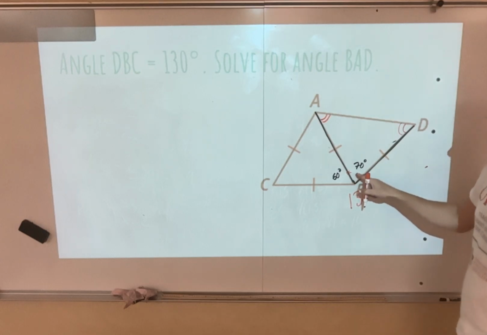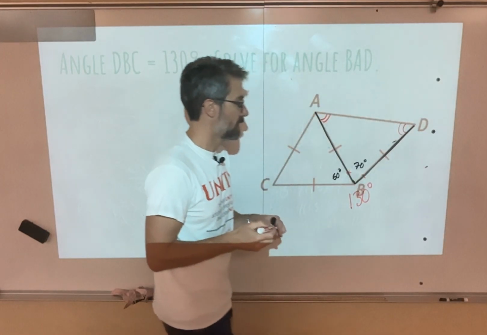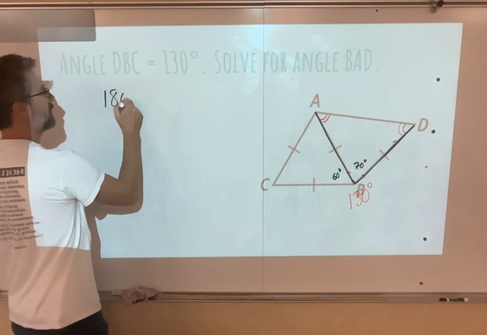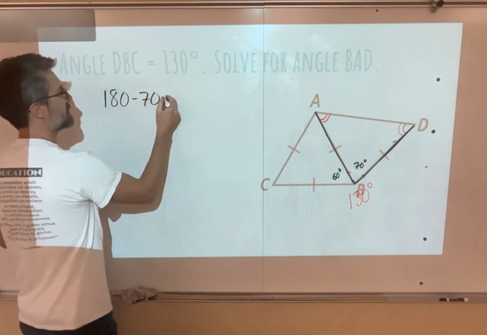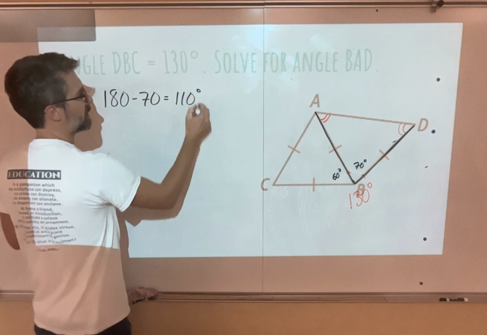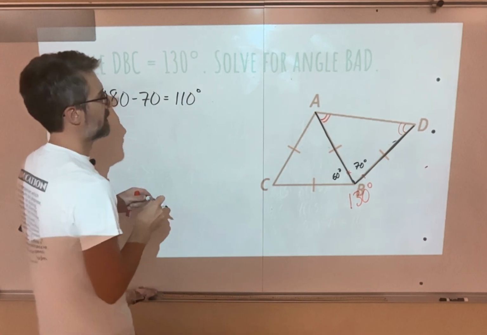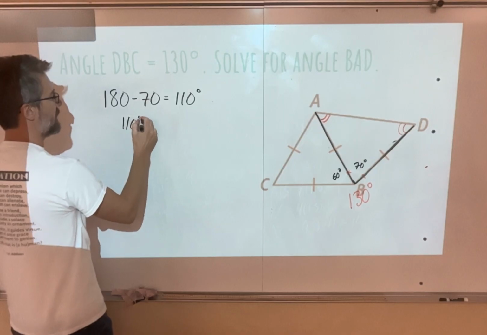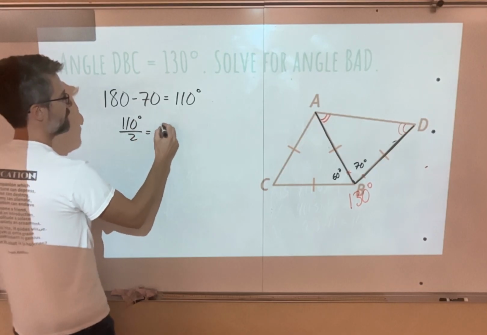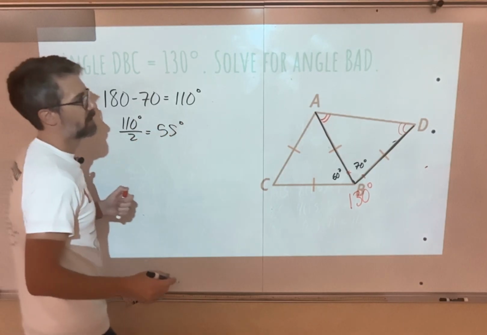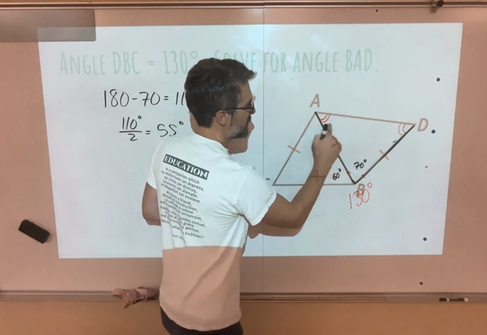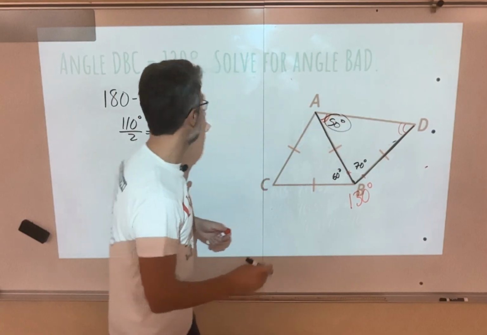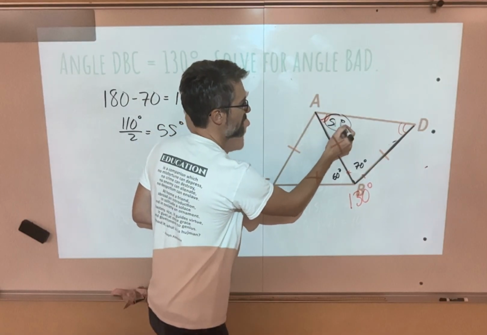So if I've got a 70-degree angle here, I know that there are 110 degrees left to split between A and D. And so each one of those is 110 over 2, which is 55 degrees. So angle BAD would be the one right here. That is 55 degrees, excuse me. That is our answer.